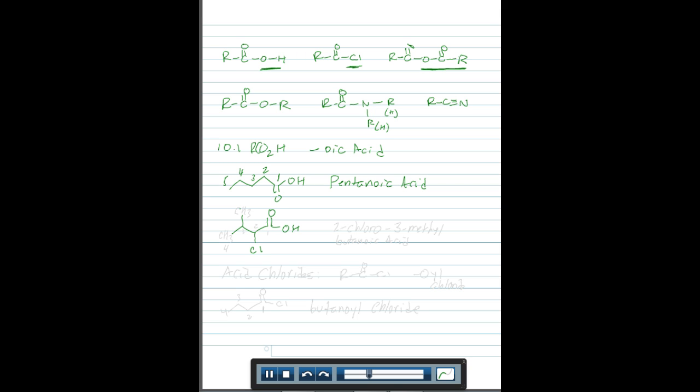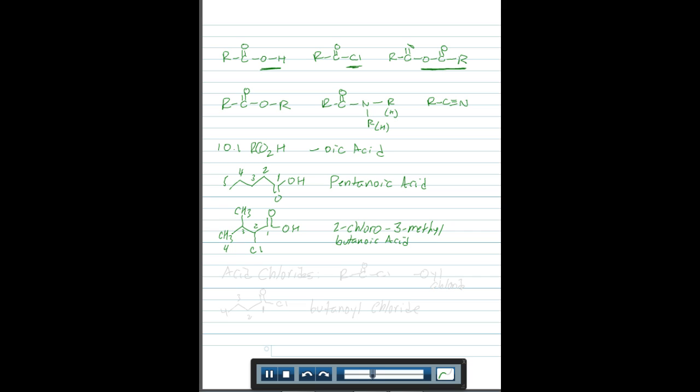Let's say you have a Cl and a methyl group right there. All right, so this would be 2-chloro, 3-methyl, and then 1, 2, 3, 4, butanoic acid. I don't have room here, so I'll write it down here. Butanoic acid. That's basically how you name acids.